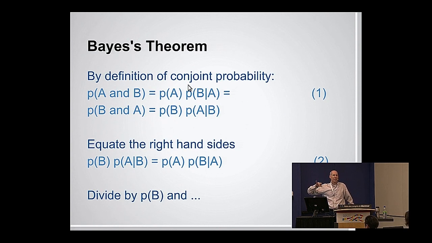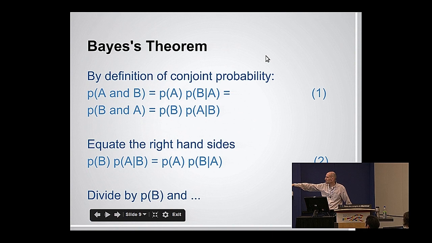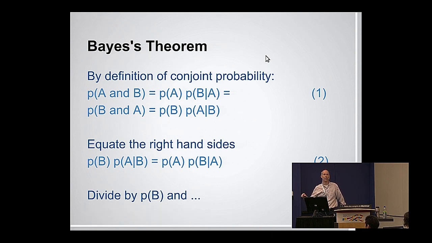Given that, you can think about, well, conjoint probability has to be symmetric, because the probability of A and B is the same thing as the probability of B and A. So I can write it either way. The two right-hand sides there are the same thing. And if I take the two right-hand sides and set them equal to each other, I've got my equation 2. And that just says that if I want to know whether two things are happening, I can figure it out by asking, did A happen?